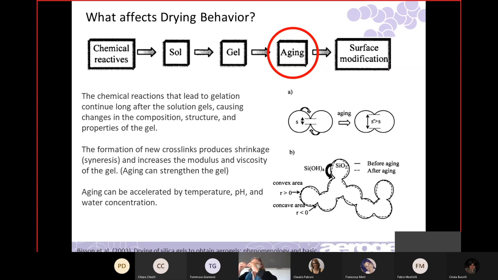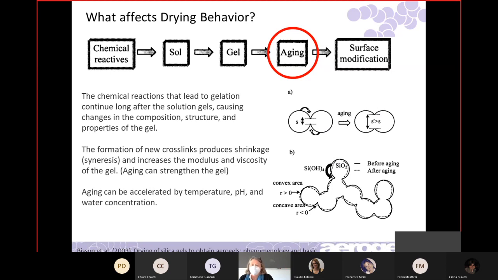And so that's one of the things that aging does. And this shows these silica groups, and as it ages, the shape is shown with the dashed lines. Aging can be accelerated by temperature, by pH, by water concentration. There's lots of things you can do to change aging. And so this is, again, another important step in the process of making an aerogel.